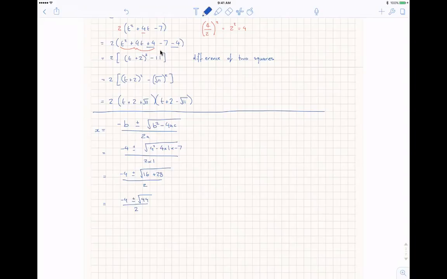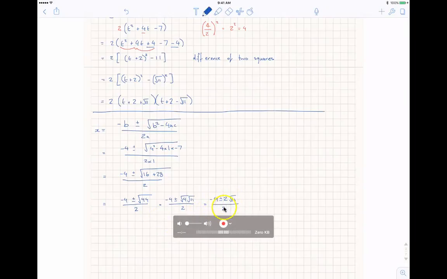Now don't forget, we need to simplify the third. So that third, square root of 44 is actually square root of 4 times 11. Square root of 4 is 2. We can now divide through top and bottom by 2, so that just becomes minus 2 plus or minus square root of 11.